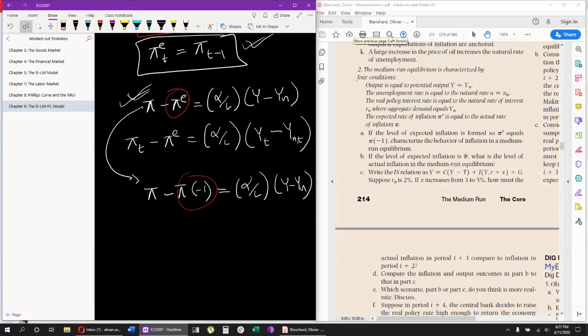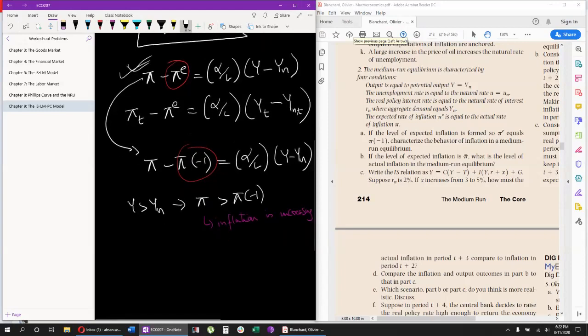And now let's try and interpret what that means for the economy. What it means is that if output is more than the natural rate of output, we are going to see a scenario where inflation this year is higher than inflation in the previous year, which means that inflation is increasing.